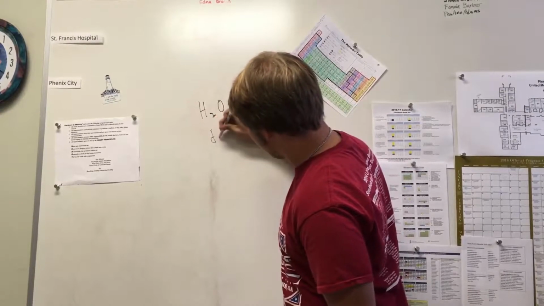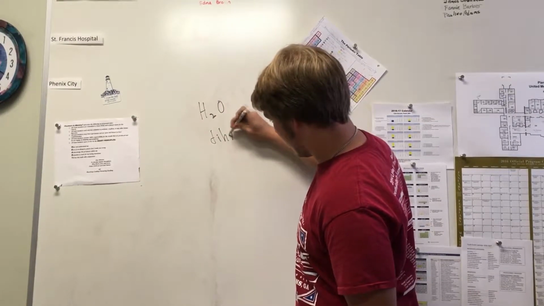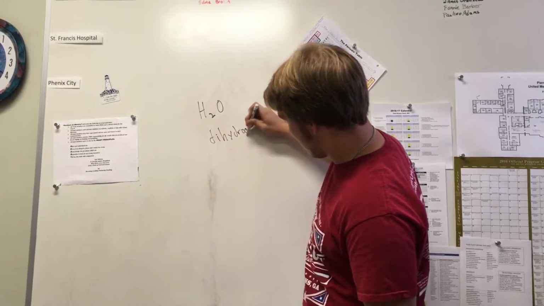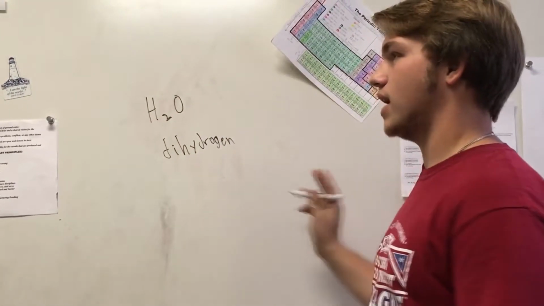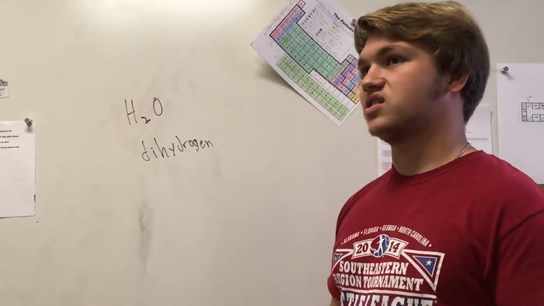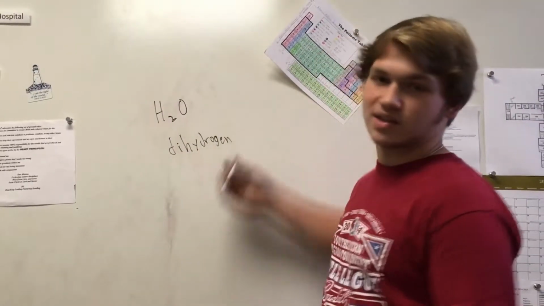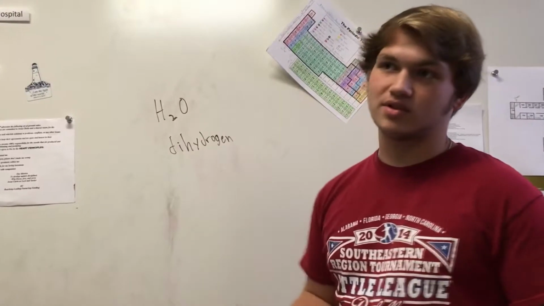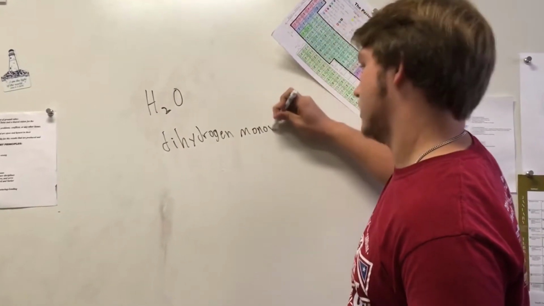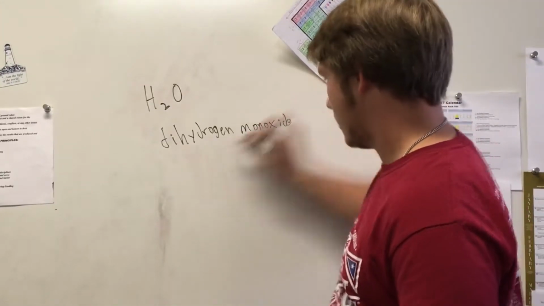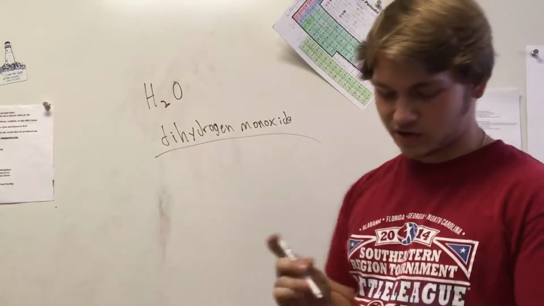So this would be dihydrogen. And the O for oxygen has nothing, so it's known as 1. And since it only has 1, the prefix, if you look in the table, is mono. So that is monoxide. And yeah, that's how you name them.